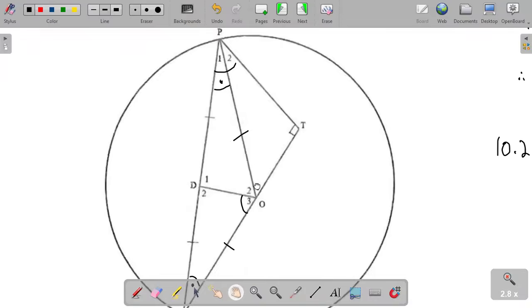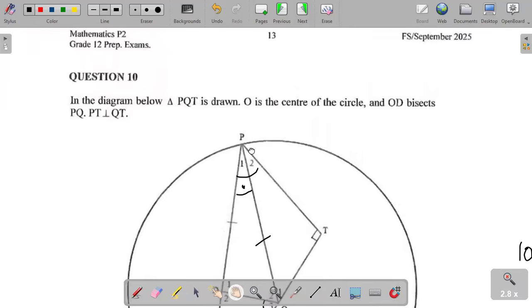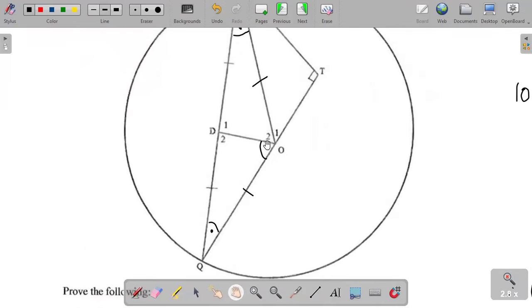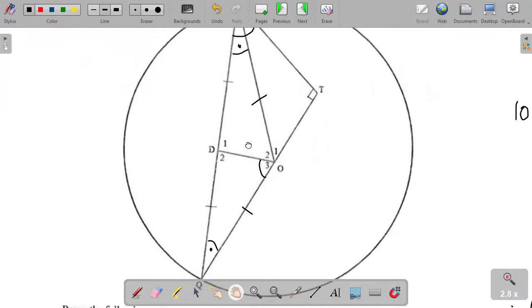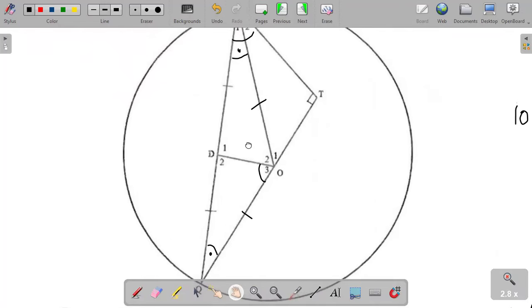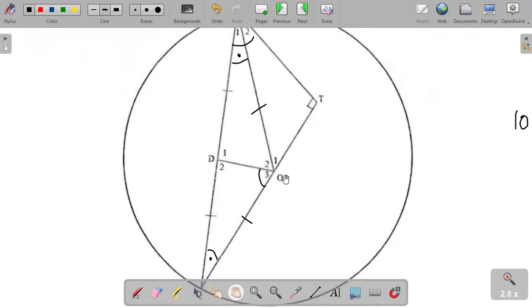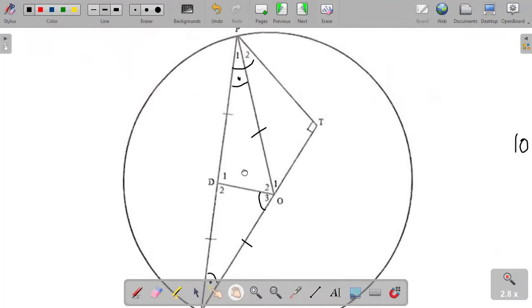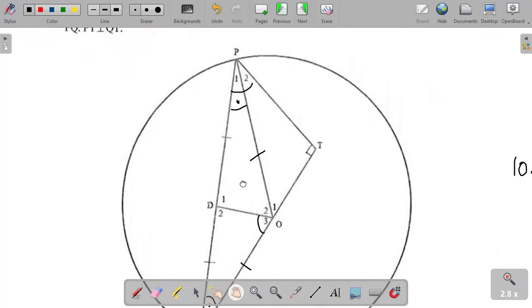And then from there, we say OD will go with PT.